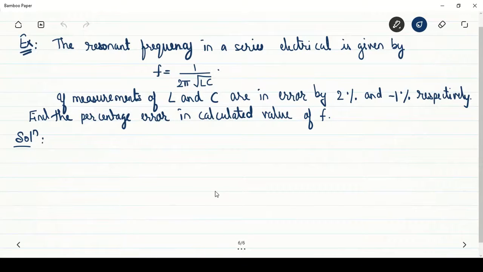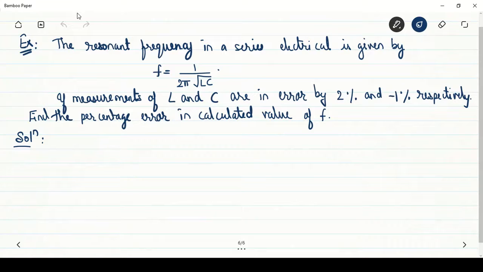Consider this example. The resonant frequency in the series circuit is given by f = 1/(2π√(LC)). If the measurements of L and C are in error by 2% and -1% respectively, then we have to find the percentage error in the calculated value of f.